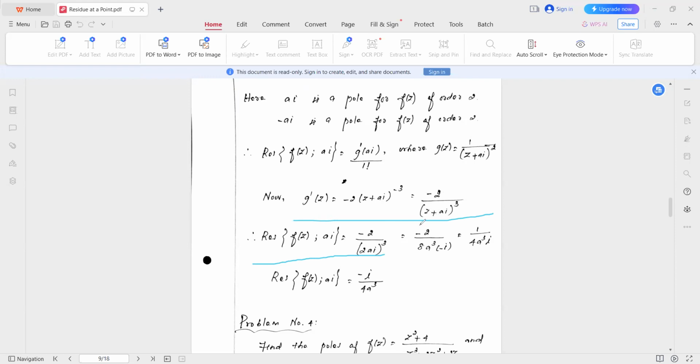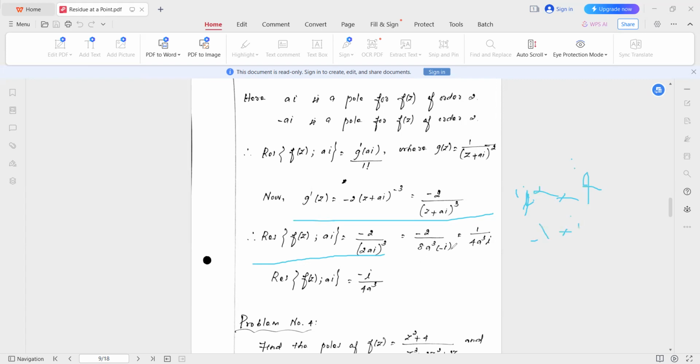So minus 2 by (ai plus ai), that is (2ai) the whole cube. So 2 cube is equal to 8, a cube, i cube. i cube can be written as i square into i, and the value of i square is minus 1, so it is minus i.